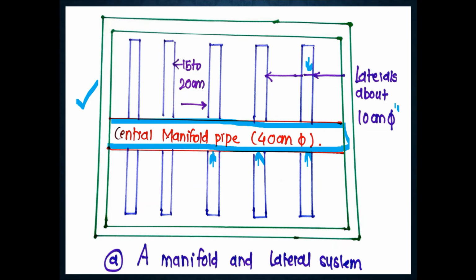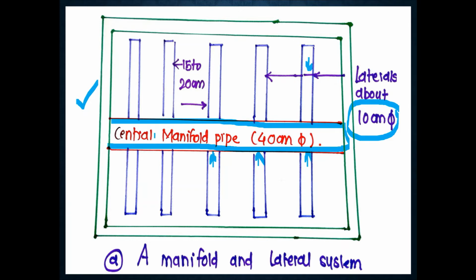See its dimensions. The lateral is 10 centimeter in diameter, and the spacing between the laterals is 15 to 20 centimeter, so they are laid at a distance of 15 to 20 centimeter from each other.